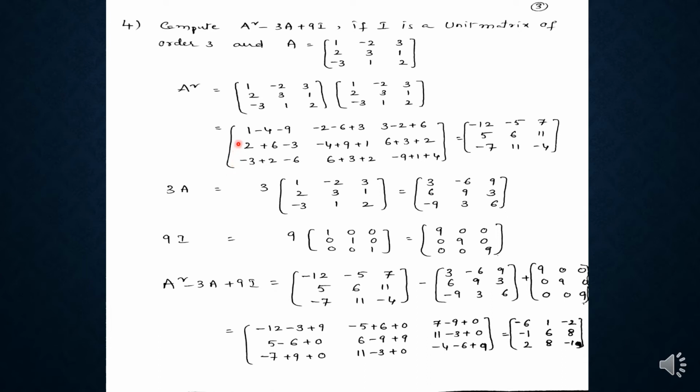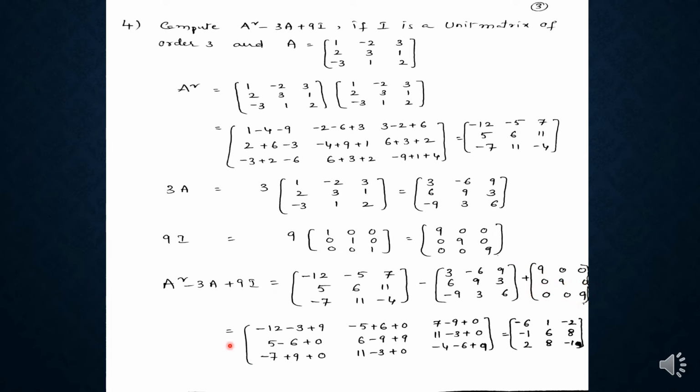Now substitute these values in the given expression, that is A square minus 3A plus 9I is equal to: this is the A square value, [-12 -5 7; 5 6 11; -7 11 -4], minus 3A, which is [3 -6 9; 6 9 3; -9 3 6], plus 9I, that is [9 0 0; 0 9 0; 0 0 9].